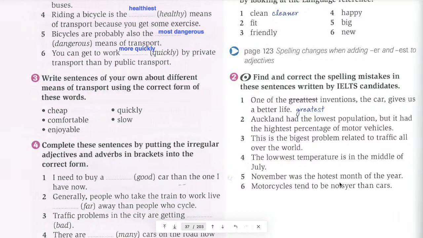Yeah, Hằng. Okay. Means of transport. Di Tăng. More cheaper? Give me something else. Why do all of you just use cheap? Use something else.